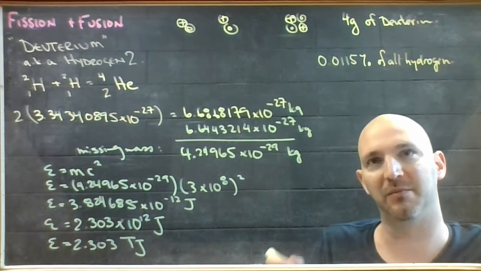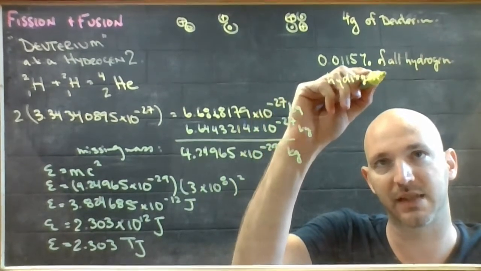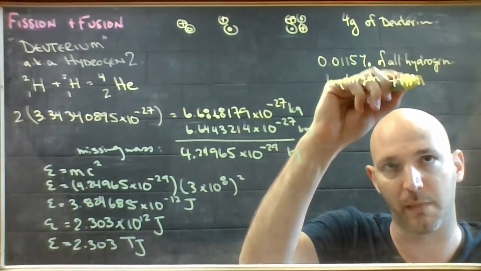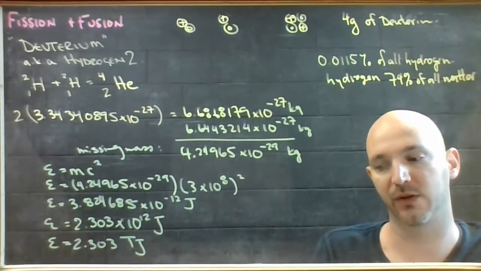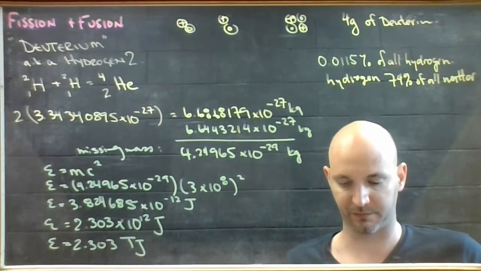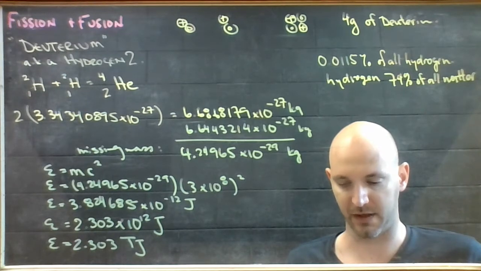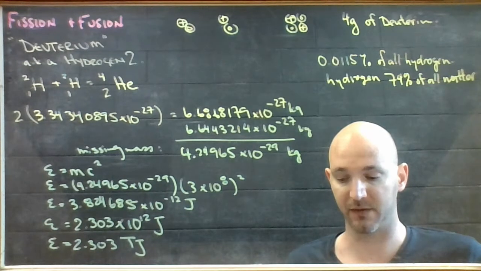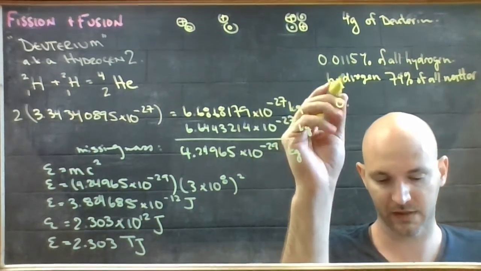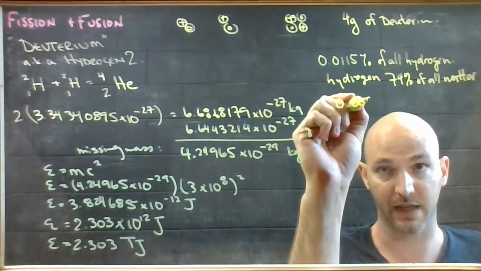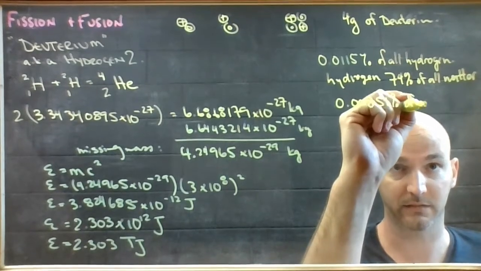But you need to remember that hydrogen makes up 74% of all matter. So if I were to work that out, 0.0115 divided by 100 multiplied by 74 gives me 0.00851% of all matter.